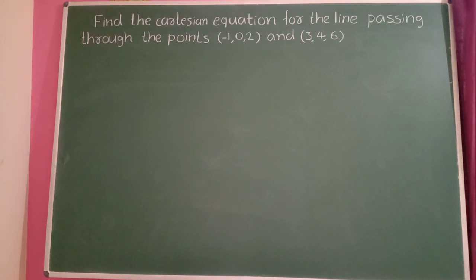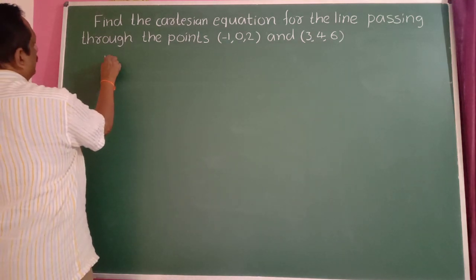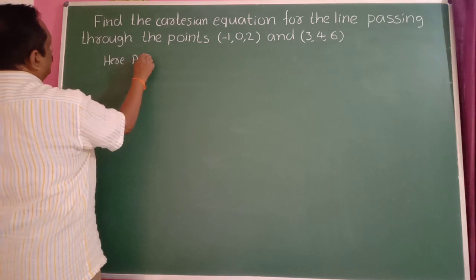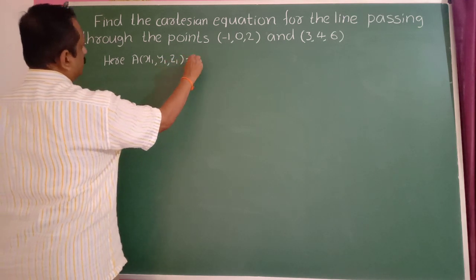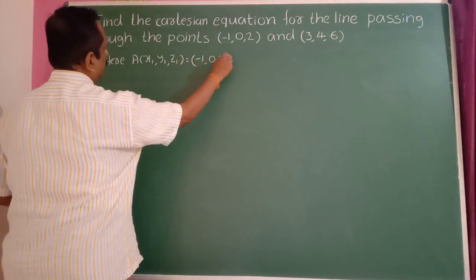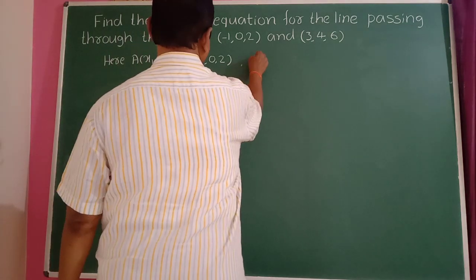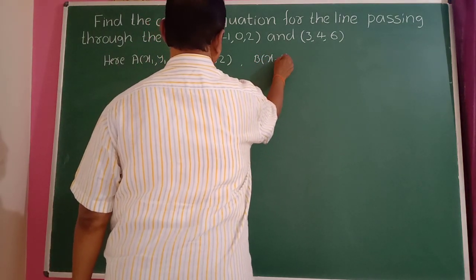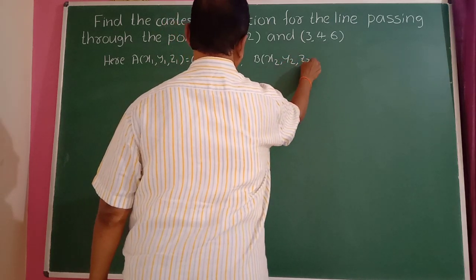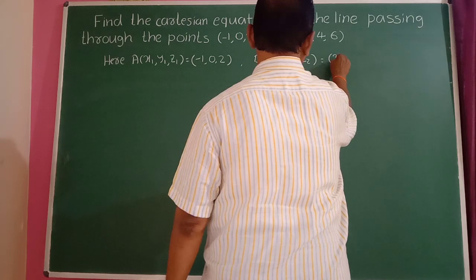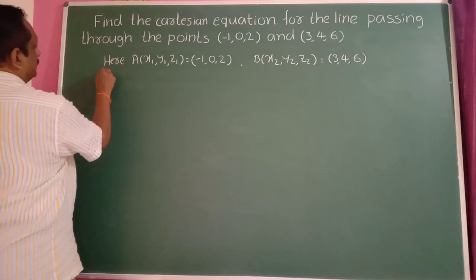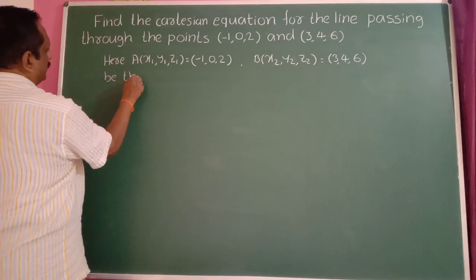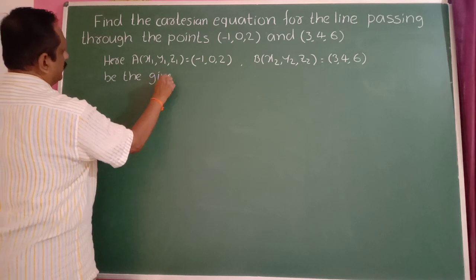Now find a Cartesian equation for the line passing through the 2 points. Therefore here A(x1, y1, z1) is equal to (-1, 0, 2) and B(x2, y2, z2) is equal to (3, 4, 6), the given points.